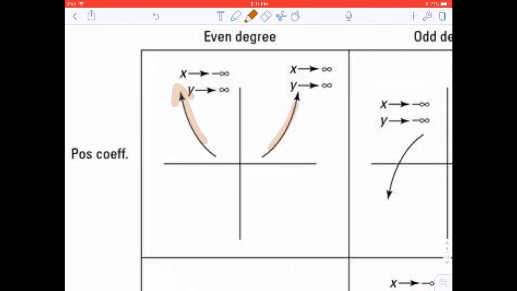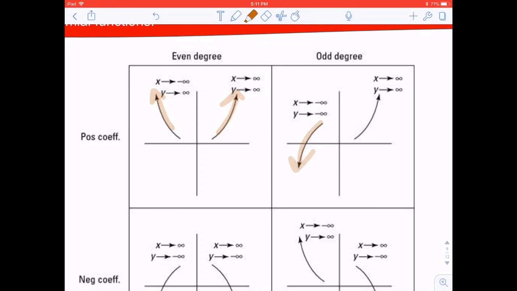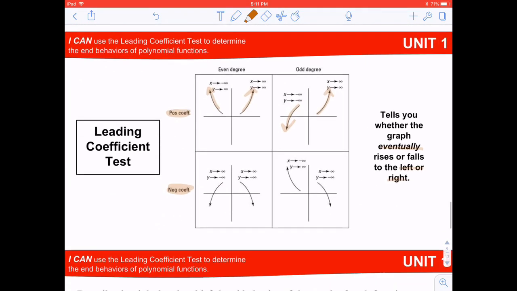Is it rising up on both sides? Or is it maybe falling on one side and rising on the other side? So the simple test is to check the leading coefficient of any polynomial.